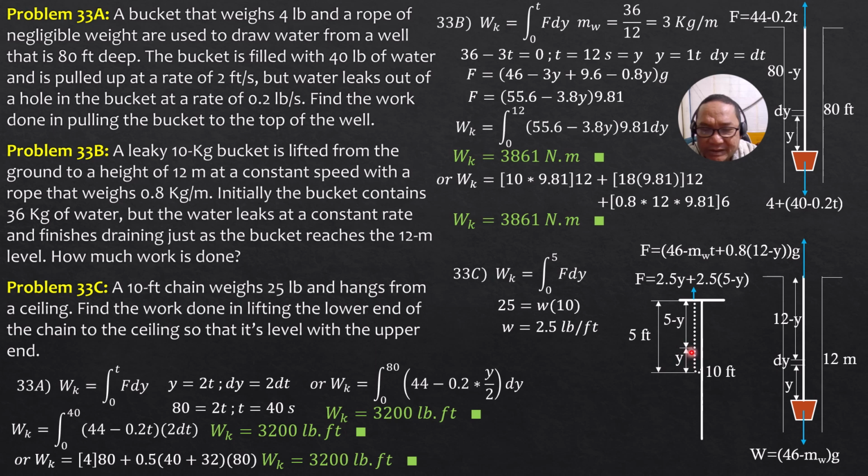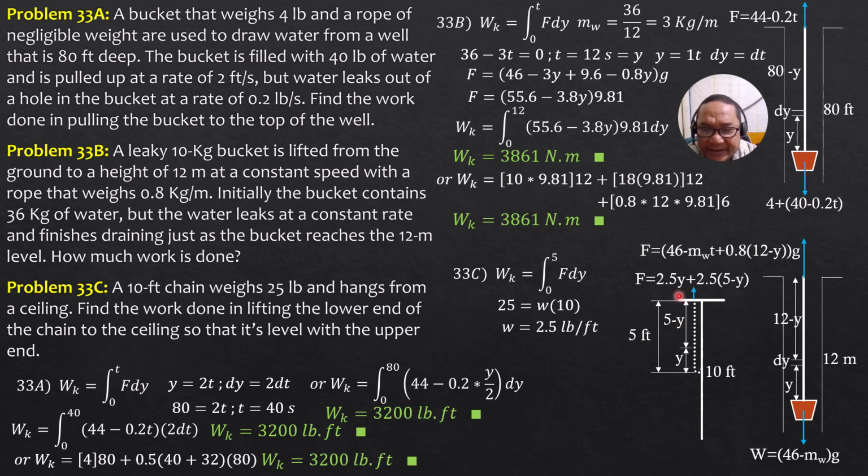So take note, this is y, and the weight of the chain is 2.5 pounds per foot. So the weight of the chain at this level here, this part, is equal to 2.5 times y. Then plus the weight of the chain, which is the tension here, equal to 2.5 times (5 minus y).